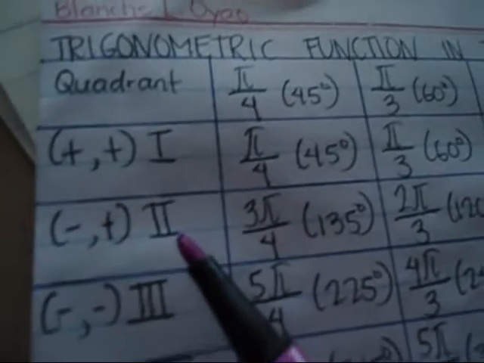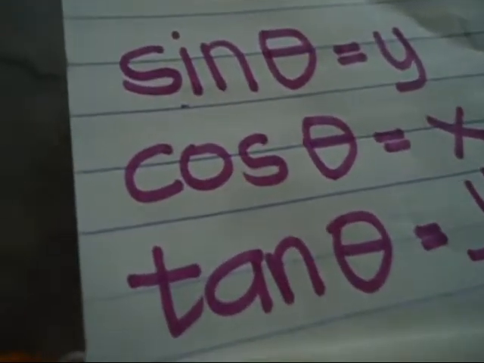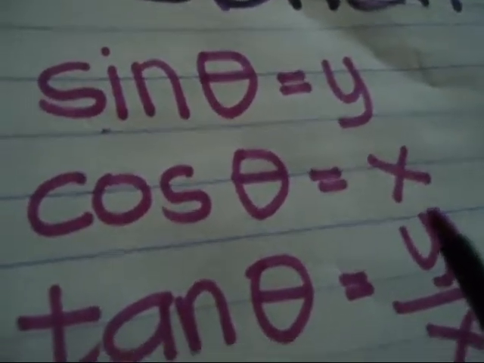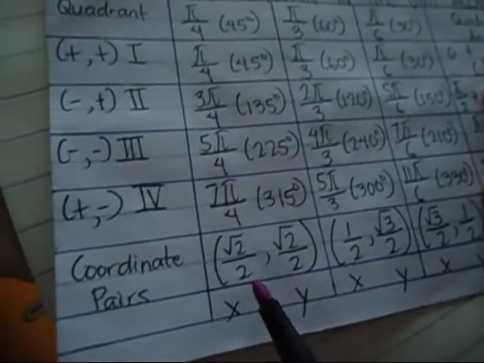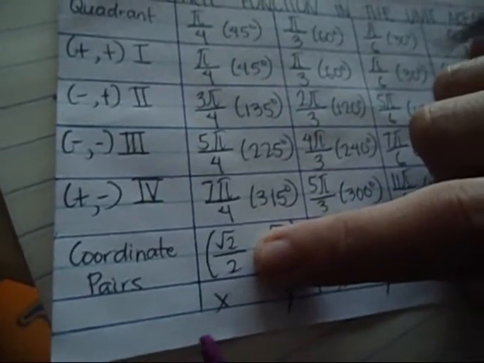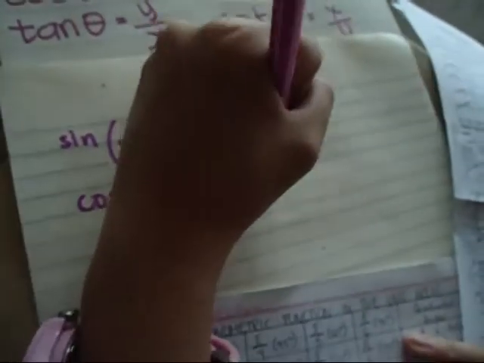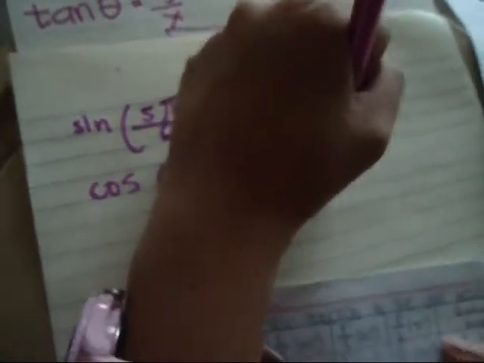It belongs to the second quadrant, where x is negative and y is positive. So, using the formula, you would only find the x. The x of 3 pi over 4 is negative square root of 2 over 2.